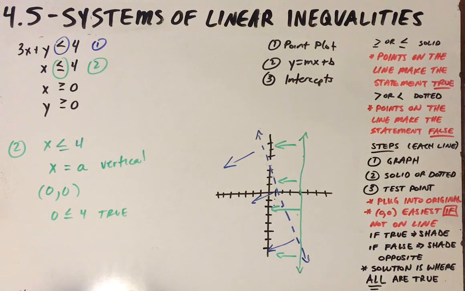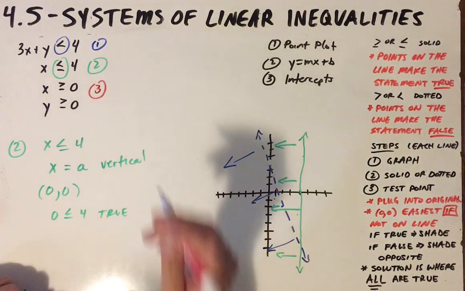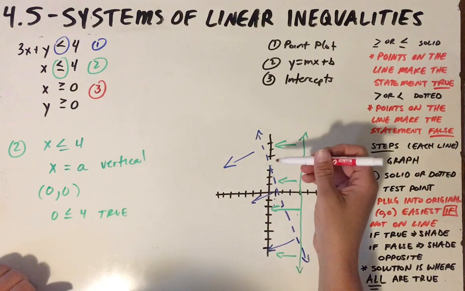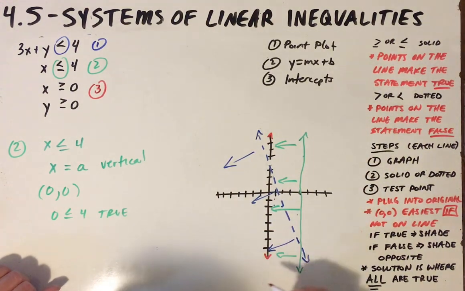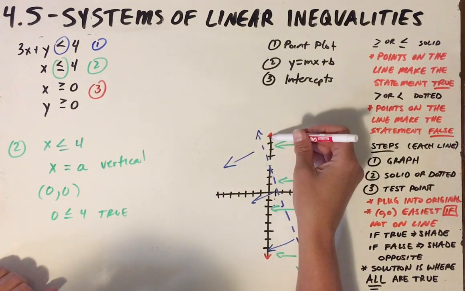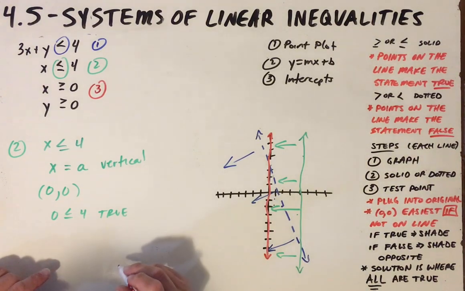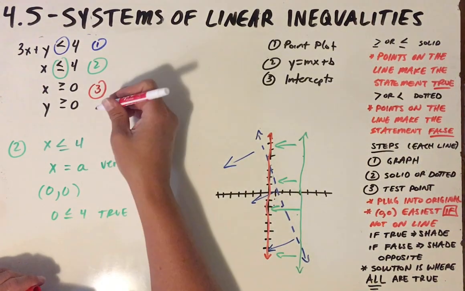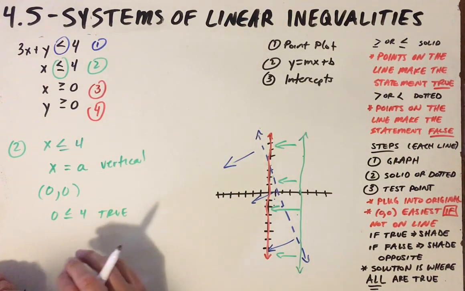Okay, so what about x is greater than or equal to 0? I'm going to represent this third equation with a red arrow. That is this line. That is the y-axis that we're talking about, and it is indeed solid, so we're going to leave it solid. I'm also going to write y is greater than or equal to 0 here.